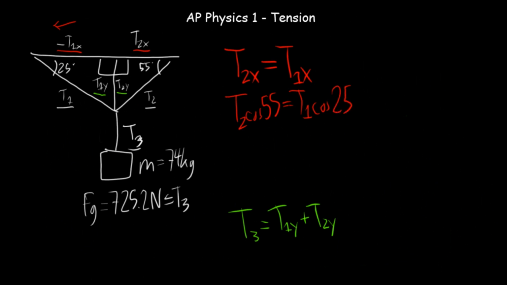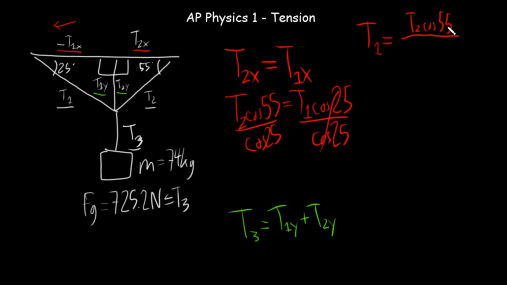And what you can do here is variable substitution. Divide both sides, these cancel out. You end up with this equation right here. So we have a way to substitute T1. And that's what we're going to do in this equation right here. Let's go ahead and do that.